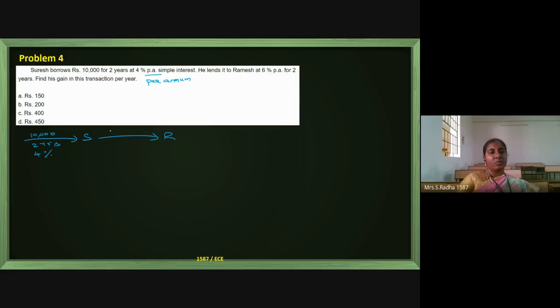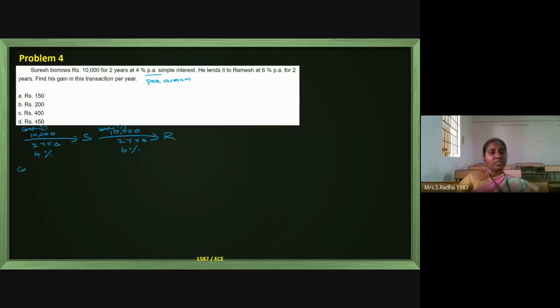The amount will not change; he is giving it immediately, without any delay, but at an interest of 6%. I will take this as case 1 and this as case 2. In both cases, I will find the simple interest. And here, find his gain in this transaction per year. That is what they are asking.